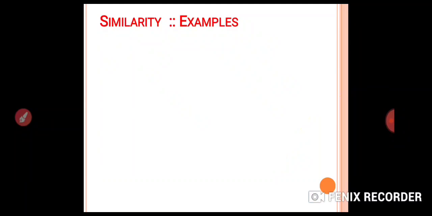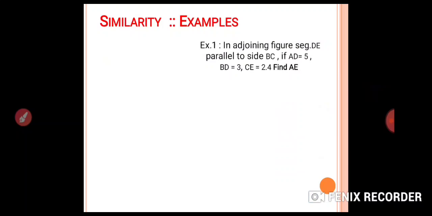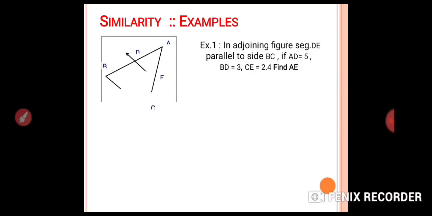Let us study some examples. In the first example, in the adjoining figure, segment DE is parallel to side BC. If AD is equal to 5, BD is equal to 3 and CE is equal to 2.4, then find AE. By observing the figure, we see that in triangle ABC, segment DE is parallel to side BC. So we use the basic proportionality theorem.